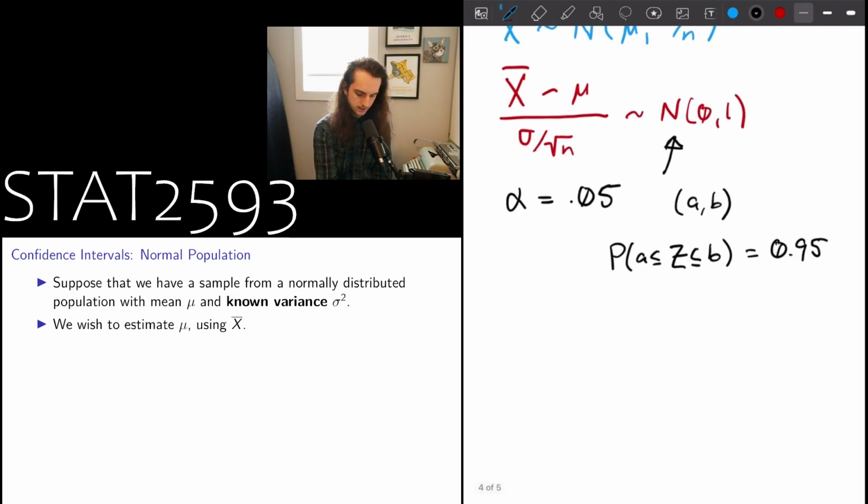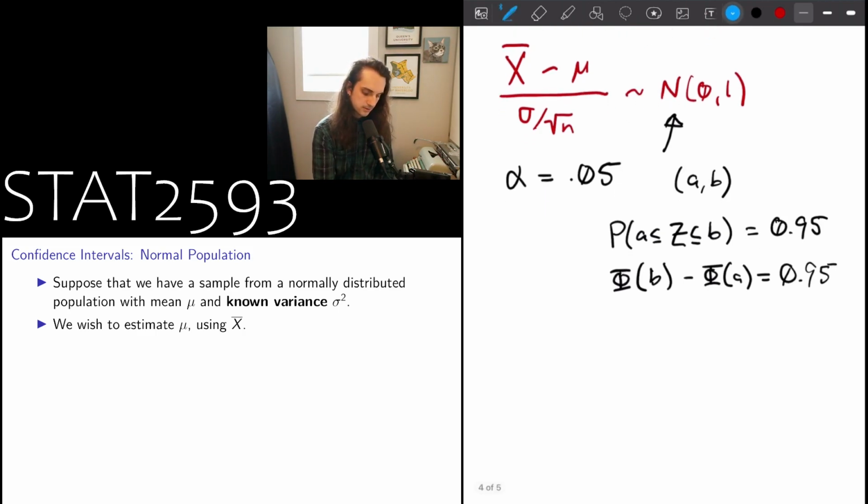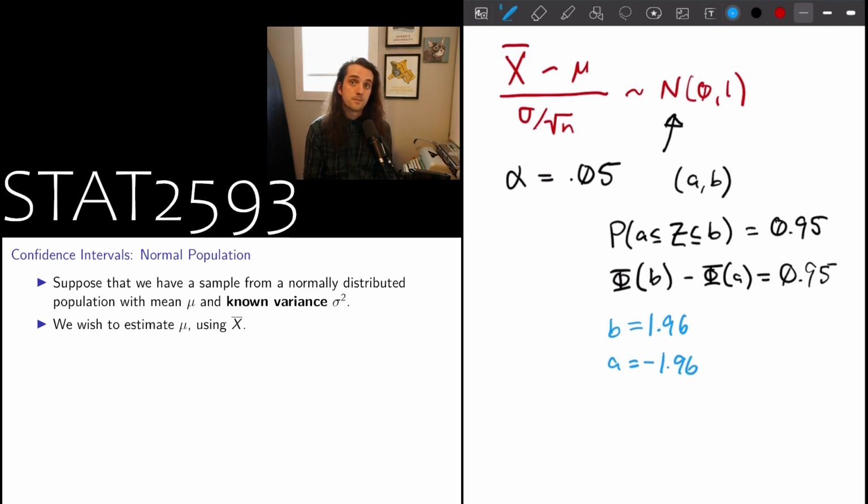And so you could think about this as taking the CDF at b minus the CDF at a. We want this to be 0.95, and it makes some sense to think about doing as much above and as much below, so we're taking these to be symmetric, and basically you can solve that b is going to have to be approximately 1.96. a is going to have to be approximately -1.96, right? These are the critical values from the normal distribution.